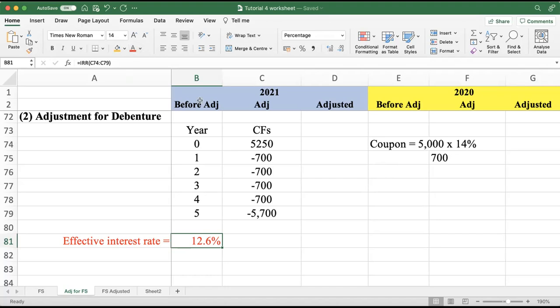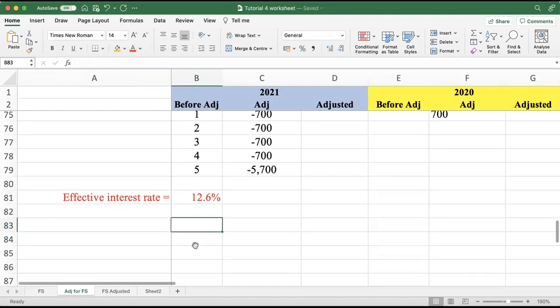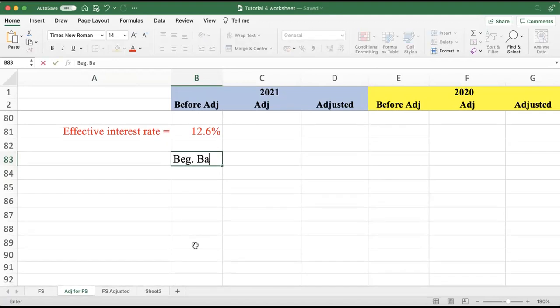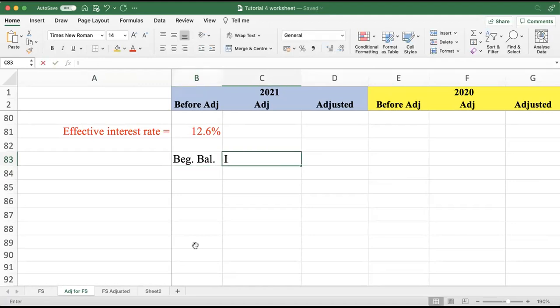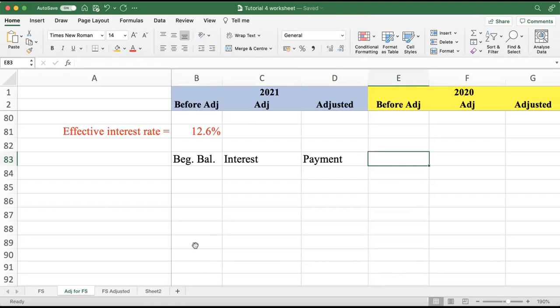Now we'll calculate amortized cost. Now we know the effective interest rate. So beginning balance, interest for the year, amount paid, payment, then end balance.